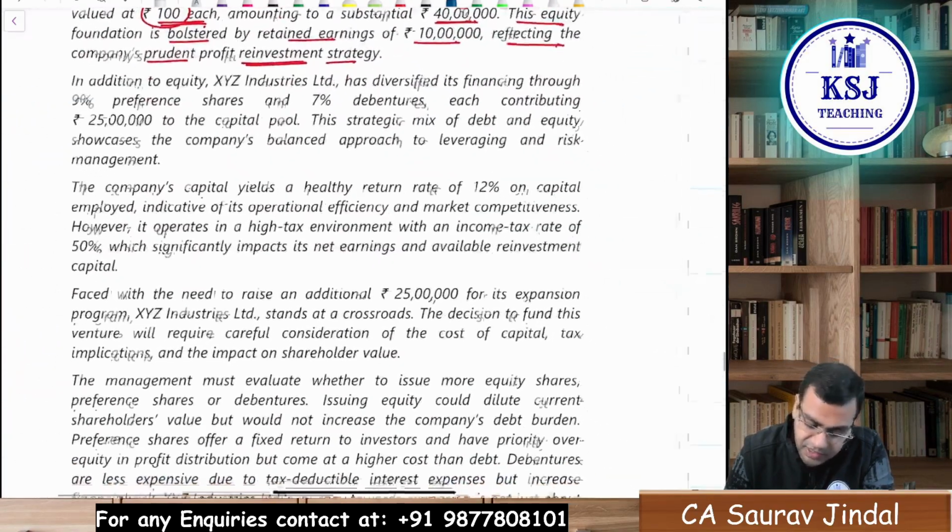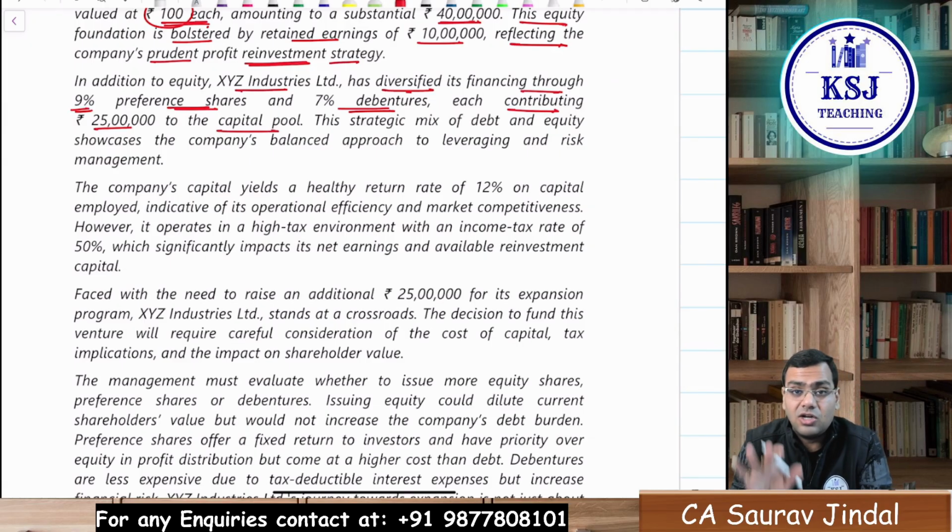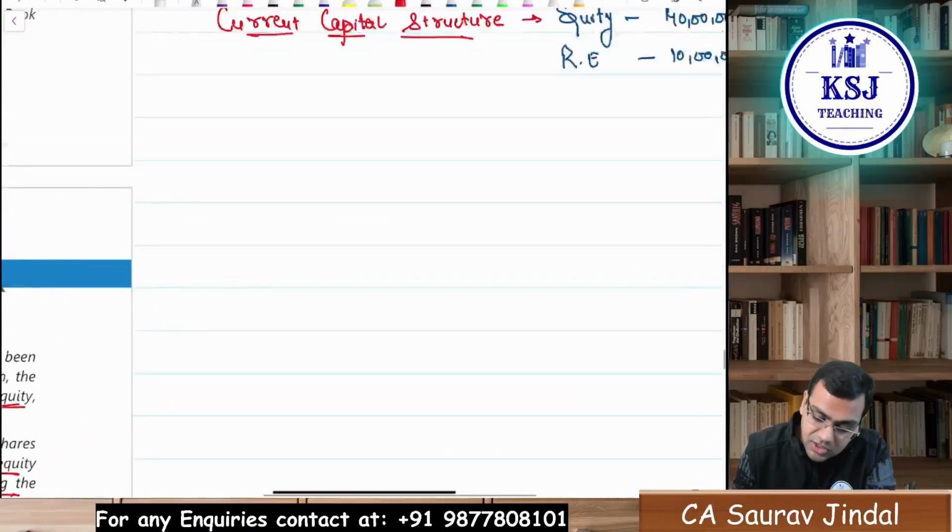Let's further see. In addition to the equity, XYZ Industries Limited has diversified the financing through 9% preference shares and 7% debentures, each contributing 25 lakhs to the capital pool. Still, they are talking about the existing capital structure only.